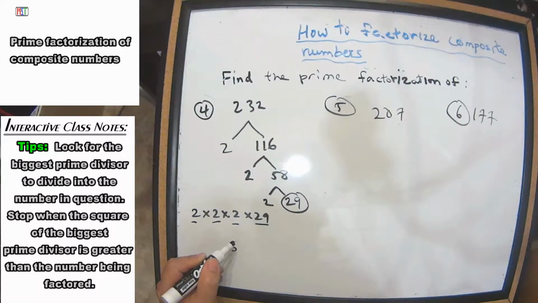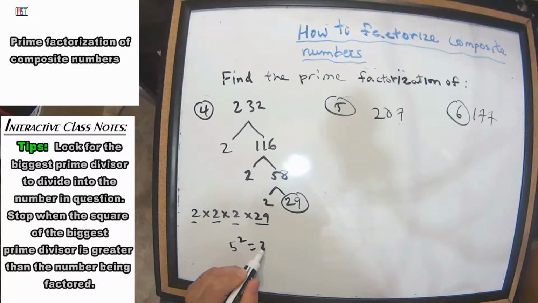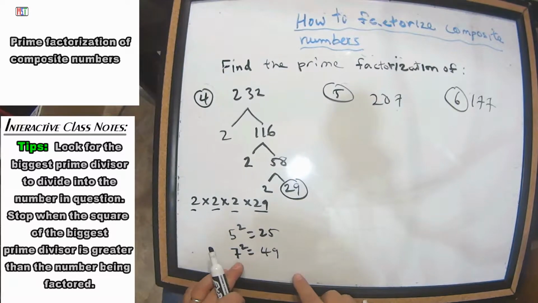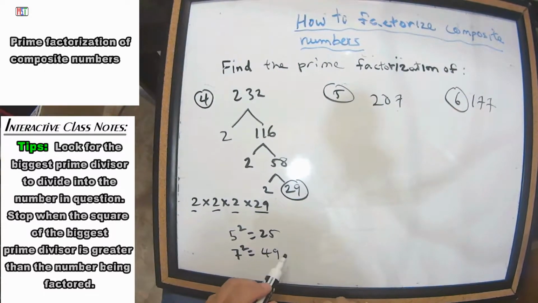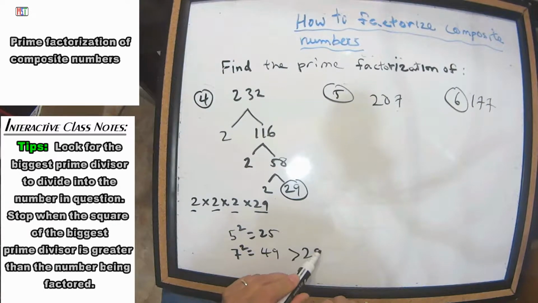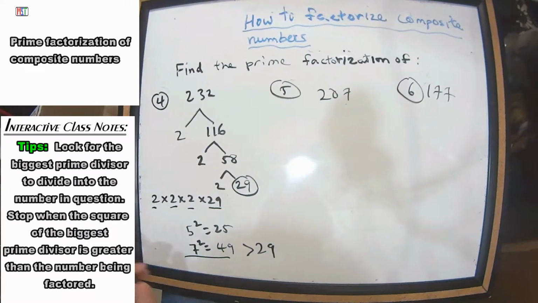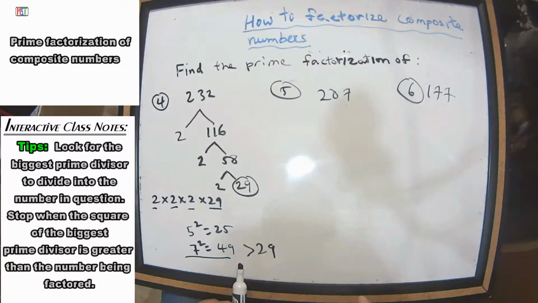That's a 5, right? 5 is a prime number. Square it, 25. And then a 7, square it, 49. Notice that we'll have to stop after the 7 prime number. 7 cannot go into 29, but when you square it, it's 49, which is greater than 29, so we'll stop here. So we assume now that 29 is the prime factor.